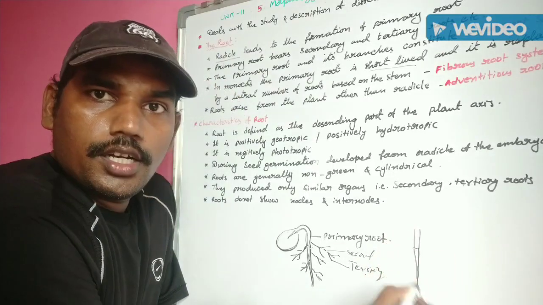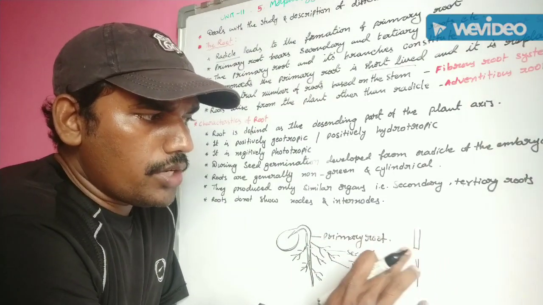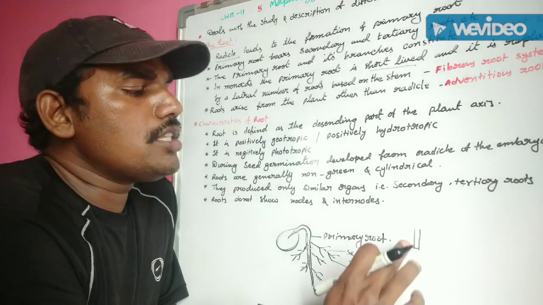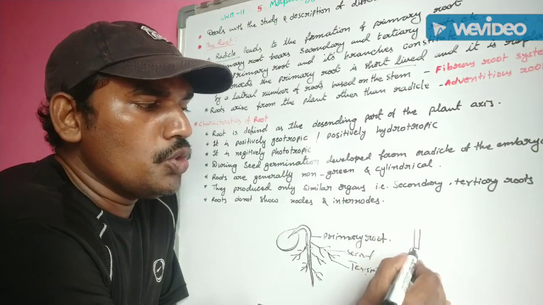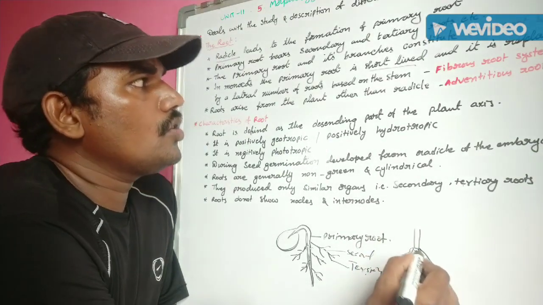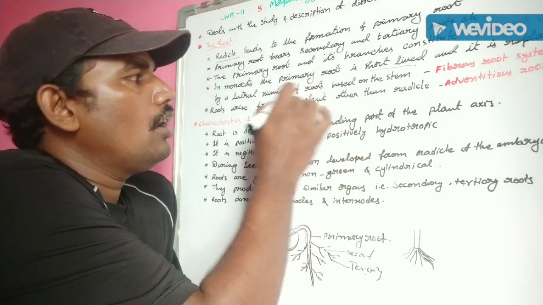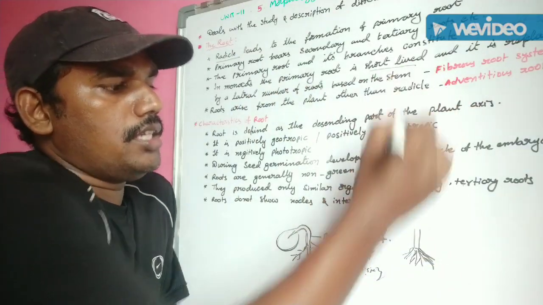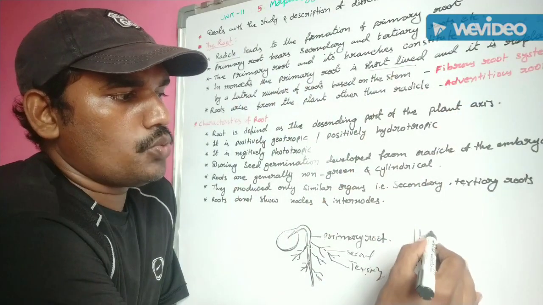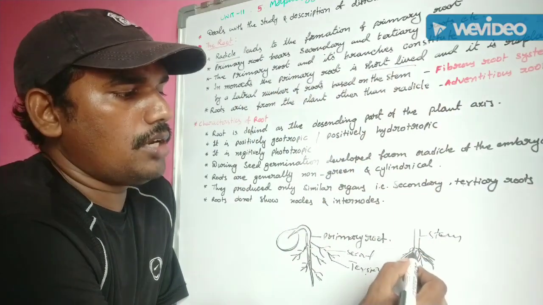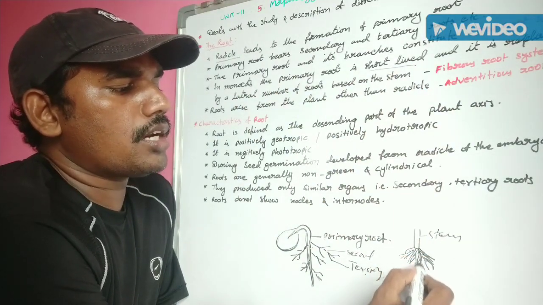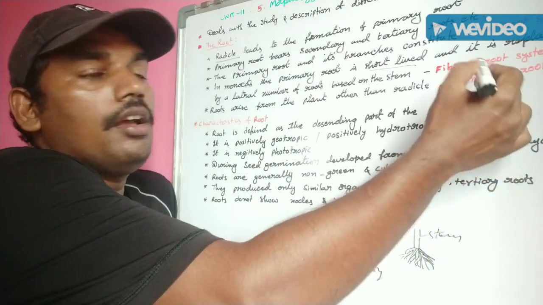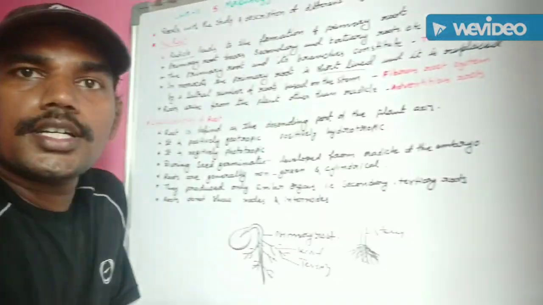This one is the primary root, the primary root is short-lived, and it is replaced by numerous roots based on the stem. This one is the stem. This type of root is known as fibrous root system.